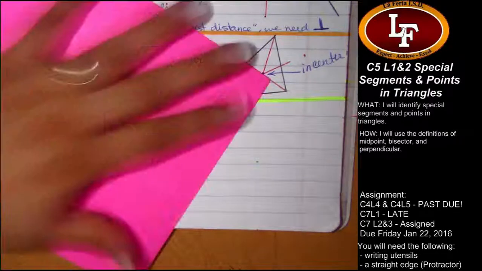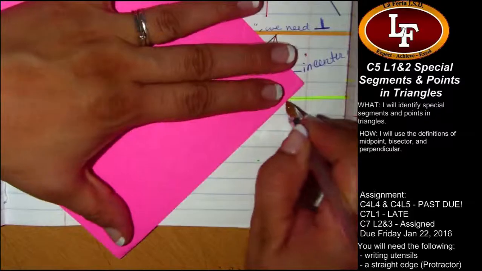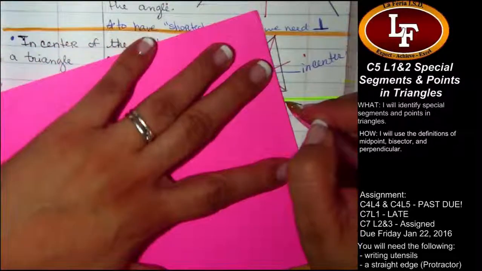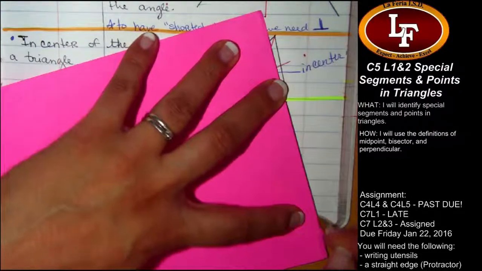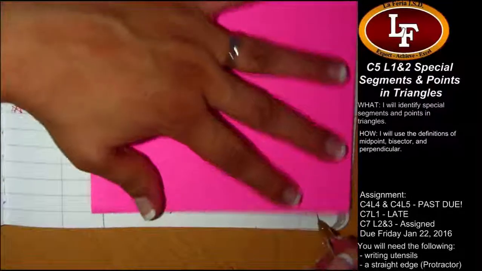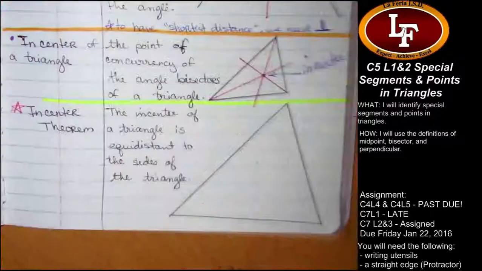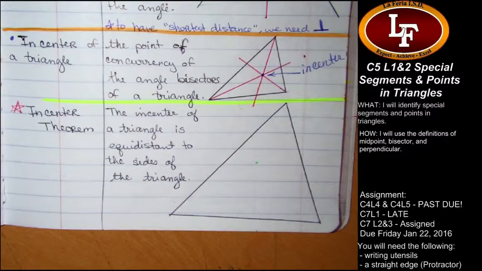I'm going to use an eligibility card to show you that you don't just have to use protractors. There's my triangle. Now go ahead. Do your angle bisectors.